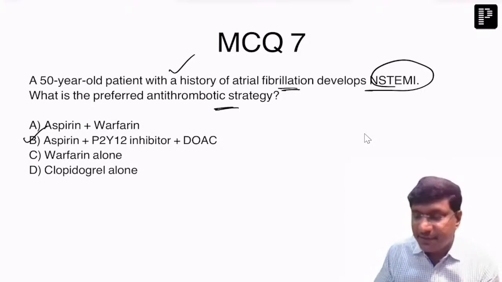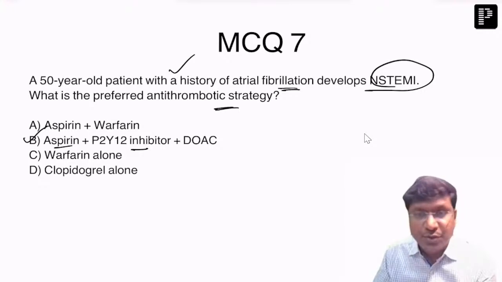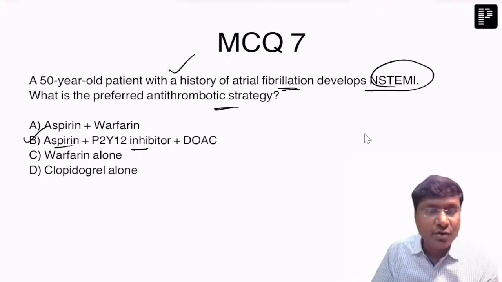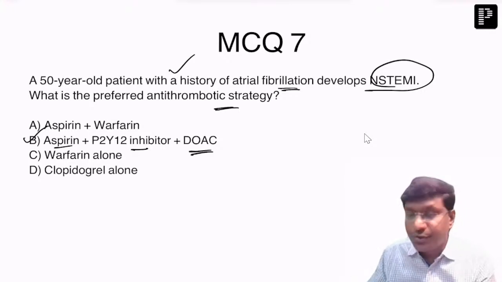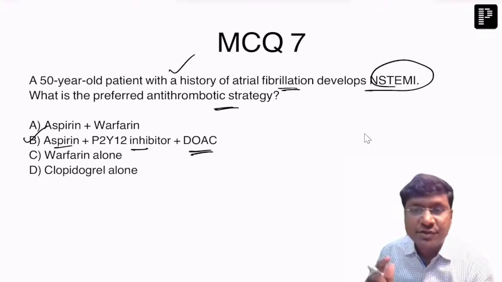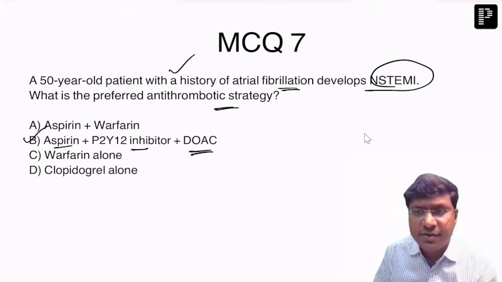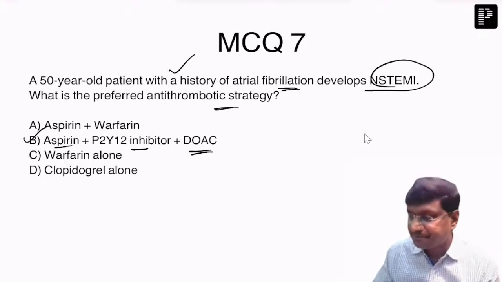And what is the triple therapy? That is aspirin, a P2Y12 inhibitor, either clopidogrel or ticagrelor, and then you need to add the anticoagulant. This is recommended for AF with NSTEMI for a shorter duration. Why? Mainly to reduce the risk of bleeding.